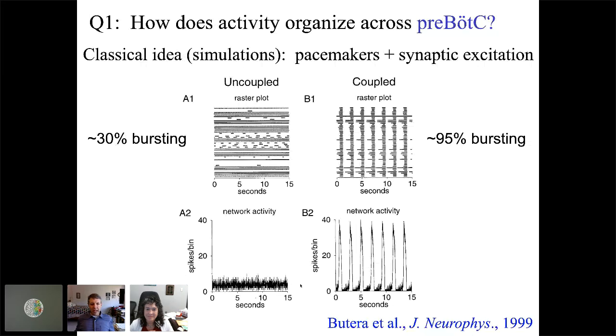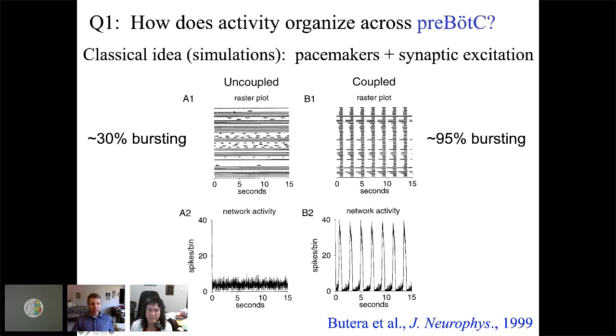The classic idea of what happens in this heterogeneous network is shown in this plot also from the original Butera paper. Based on the heterogeneity observed experimentally, they set this simulation up with heterogeneity in model parameters, and these are Hodgkin-Huxley type neurons.